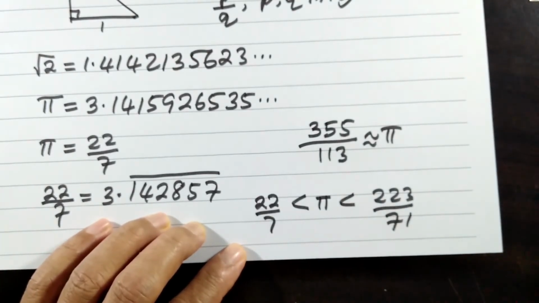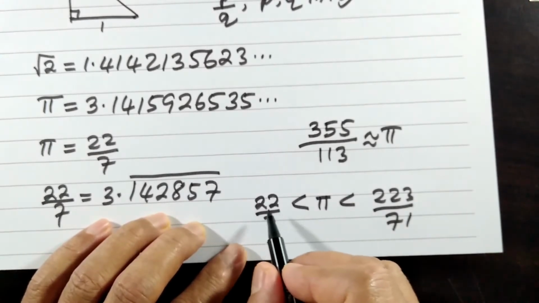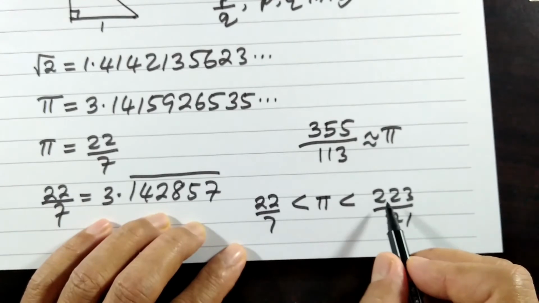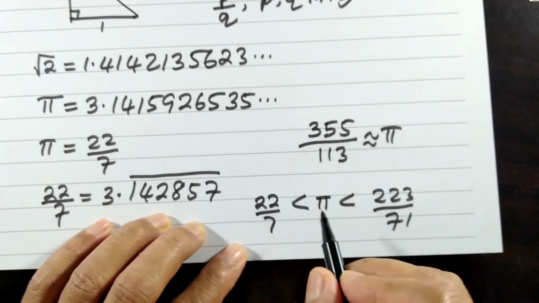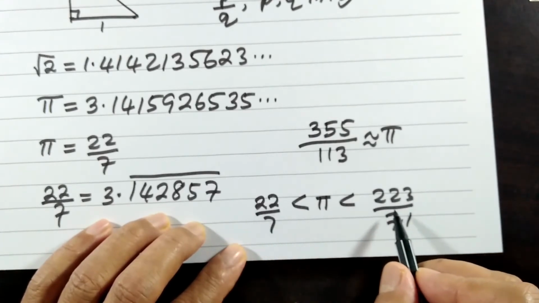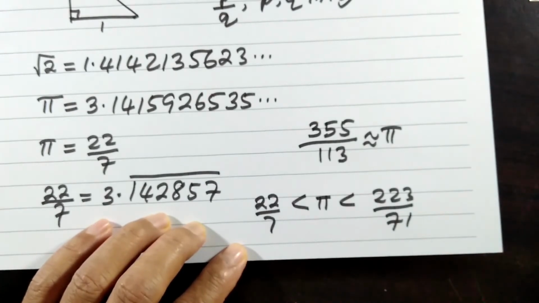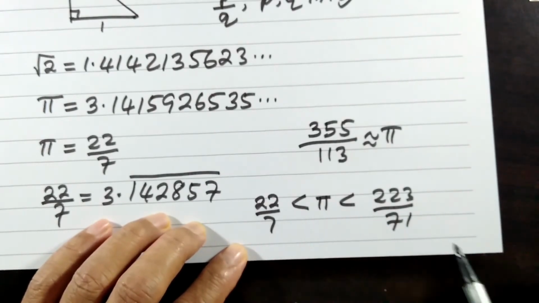If we ask Archimedes what is the value of pi, he says it is in between 22 over 7 and 223 over 71. Greater than this number and less than that number. He cannot give the exact value of pi. He says it is in between these two numbers.